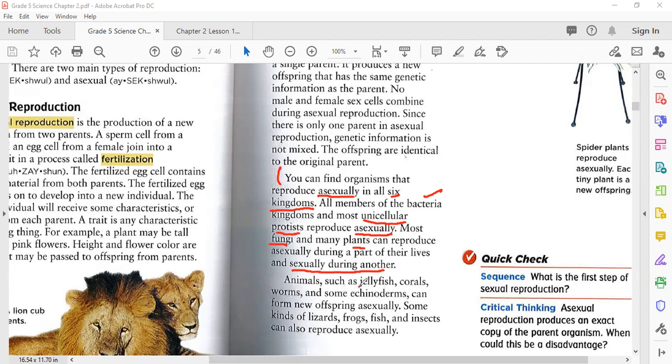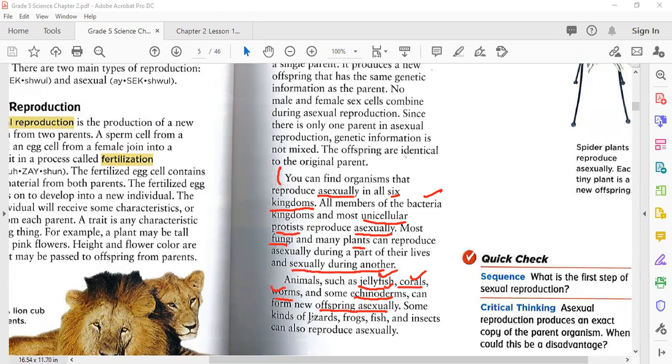Animals such as jellyfish, corals, worms, and some echinoderms can form new offspring asexually. Understand? They can also reproduce asexually.